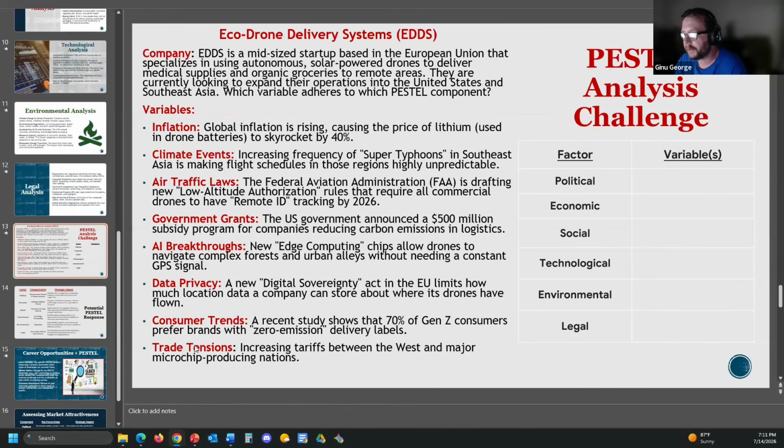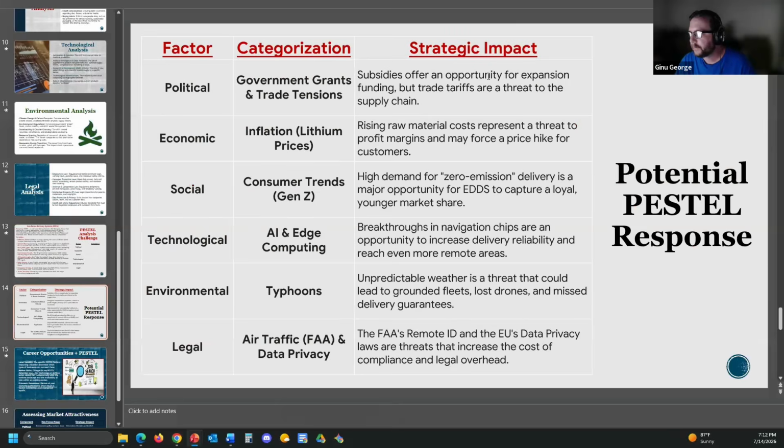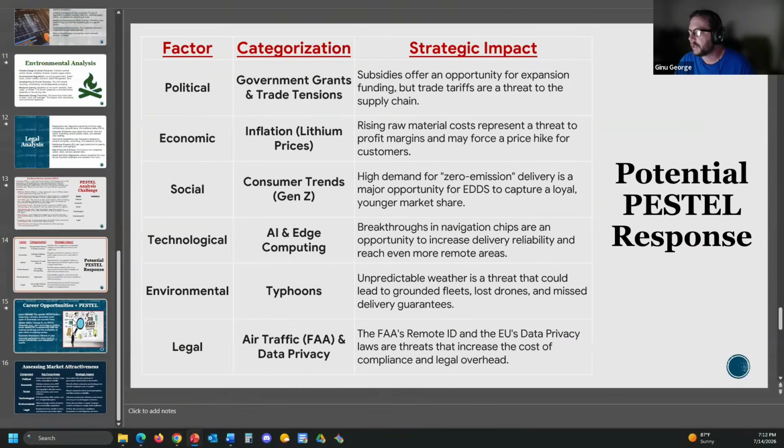Trade tensions, I might put in that political category also. So it's something to think about as you're trying to factor these in. Thank you for sharing your ideas in the chat. We have the reasons right here, which I think is a little helpful.